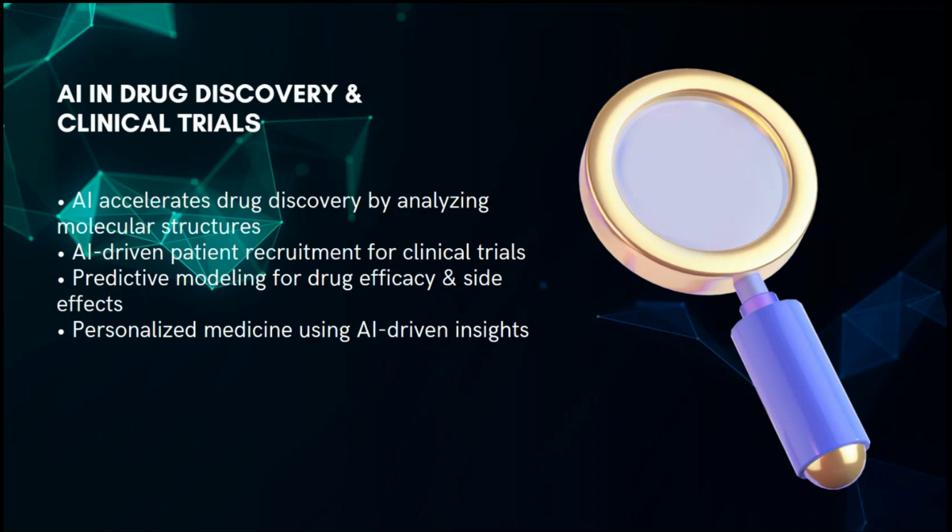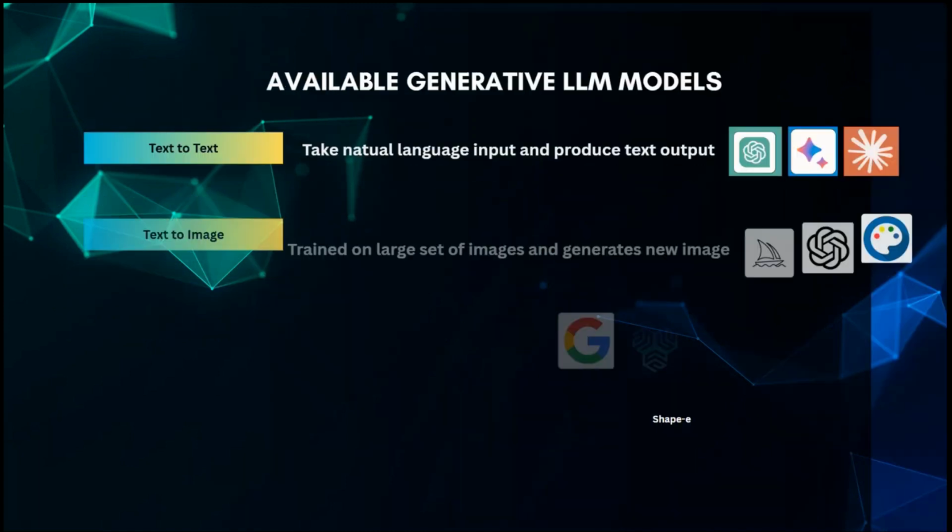So right now, most of the companies are working on it. It is not totally structured right now. So in 2 to 3 years, I hope it will be completed. Okay, let's move to the next slide.